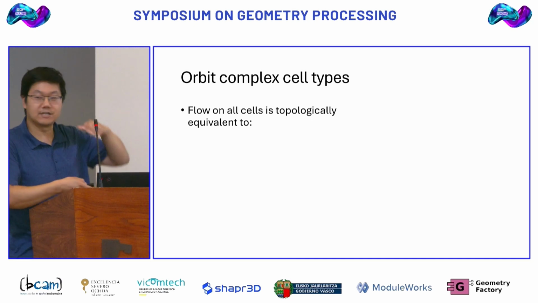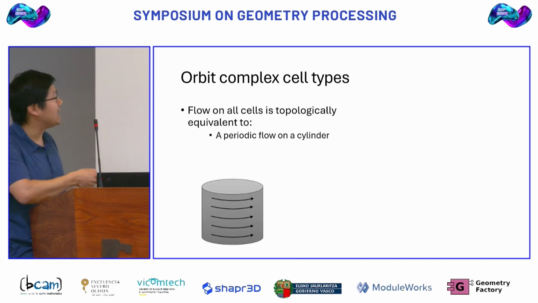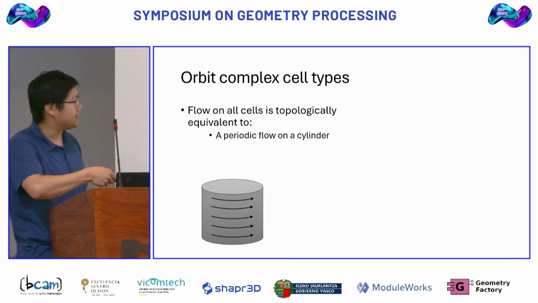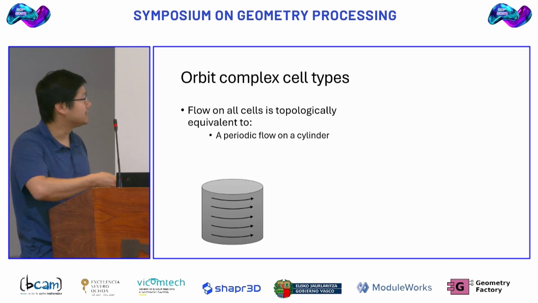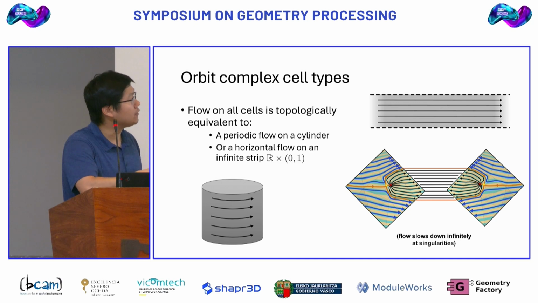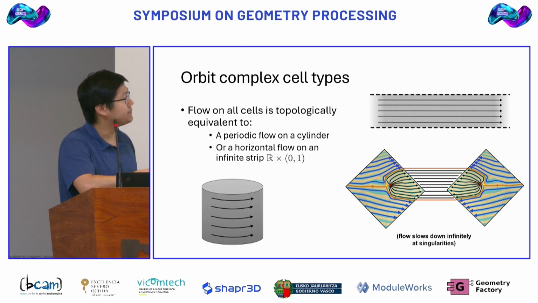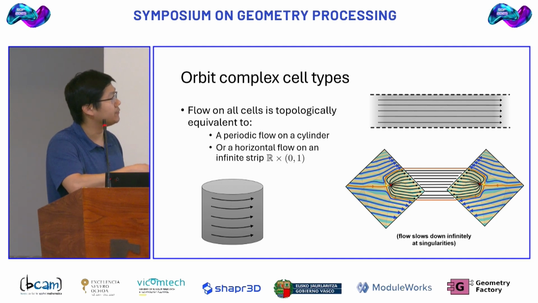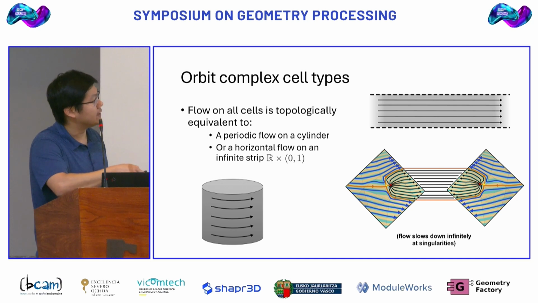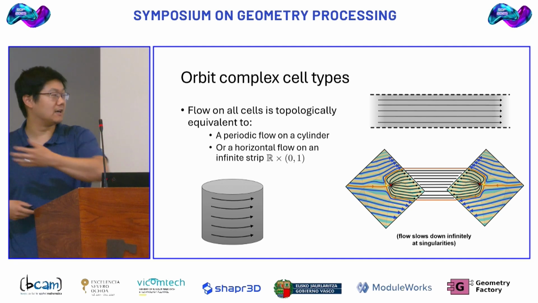So in such an orbit complex, every cell has a flow that's topologically equivalent to a periodic flow on a cylinder. So here, all the integral curves are just these periodic cycles that run around this cylinder. Or horizontal flows on an infinite strip, so R across the unit interval. And here, the flow just runs sideways.